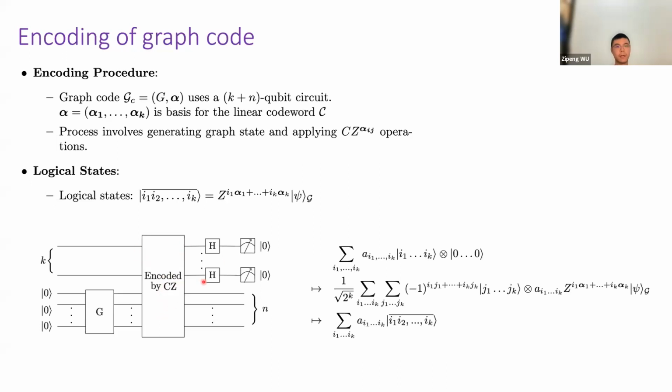After that, we apply the Hadamard transform on the top k qubits. Prior to the measurement, the resulting quantum state looks like this. Then we perform the measurement on the top k qubits, and suppose we select the all-zero measurement result. As you can see, it sets this value to 1, and it will turn the quantum state of the last n qubits into the encoded version of the input state.